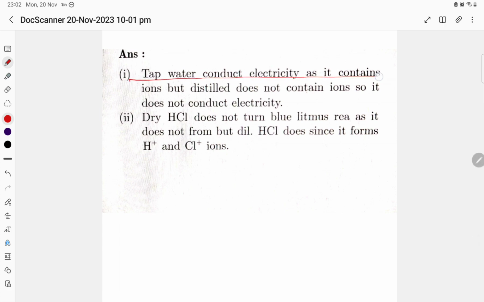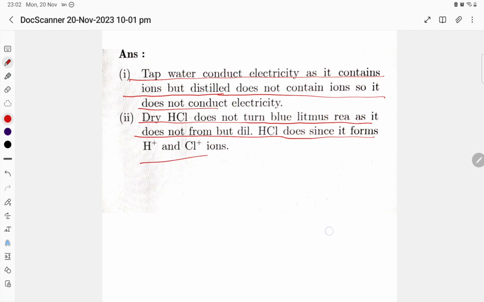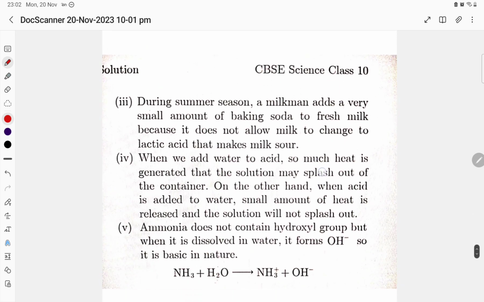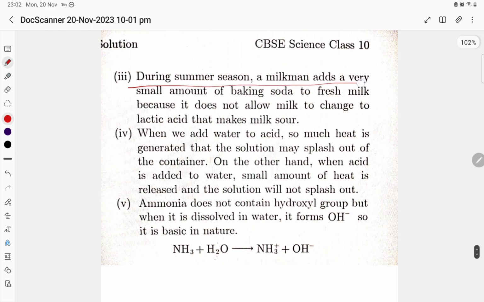Tap water conducts electricity as it contains ions. Distilled water does not contain ions. Dry HCl does not turn litmus as it does not form H plus ions. Dilute HCl does, since it forms H plus and Cl minus ions. During the summer season, milkmen add a very small amount of baking soda to fresh milk because it does not allow milk to change into lactic acid.